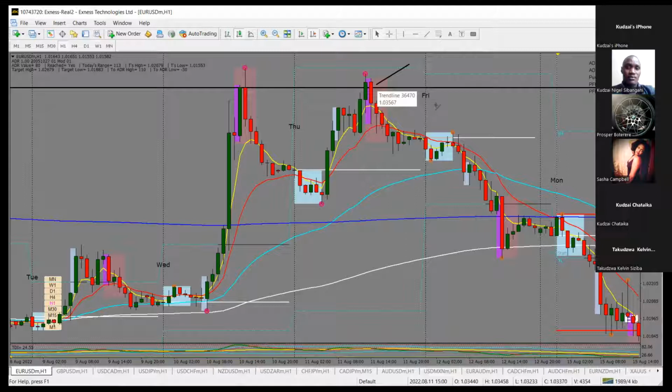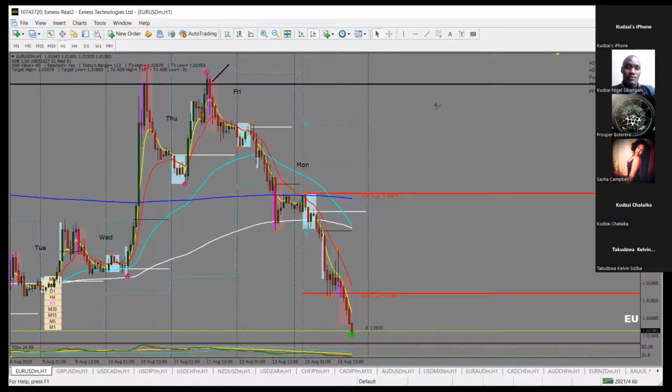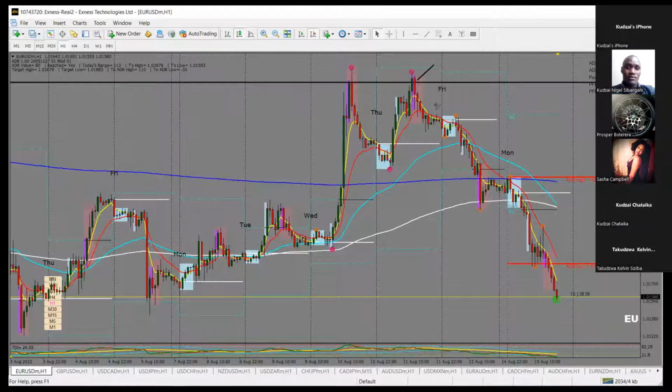They actually had an M formation exactly inside the Asian session, so it was not easy to enter this one. But because you know that it is a sell, one, you would have entered the previous day.